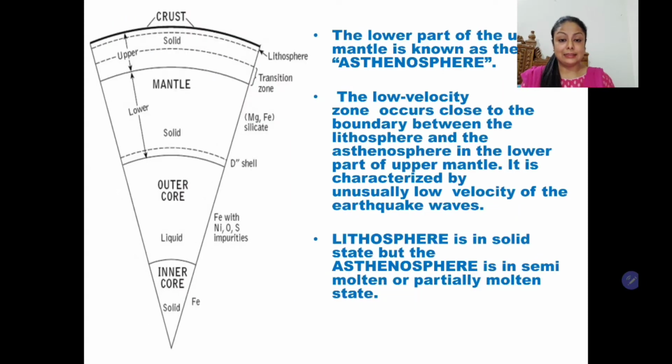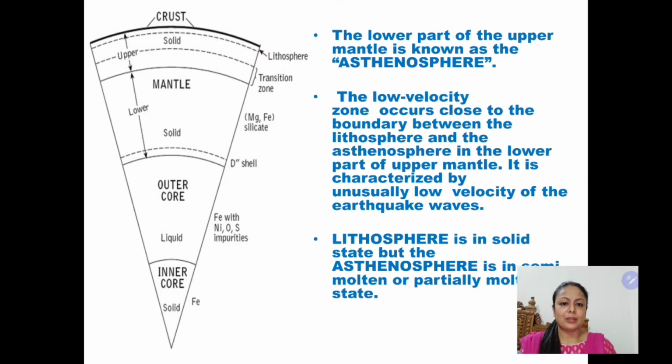So children, let's learn more. See, the lower part of upper mantle is known as asthenosphere. Now children, a question must be arising in your mind that ma'am has taught a lot of things about lithosphere, but what is asthenosphere? Why we are discussing about this? So the answer is, asthenosphere, on this floats the lithosphere. Lithosphere consists of solid blocks, whereas the asthenosphere is not in solid state, it is in molten state.